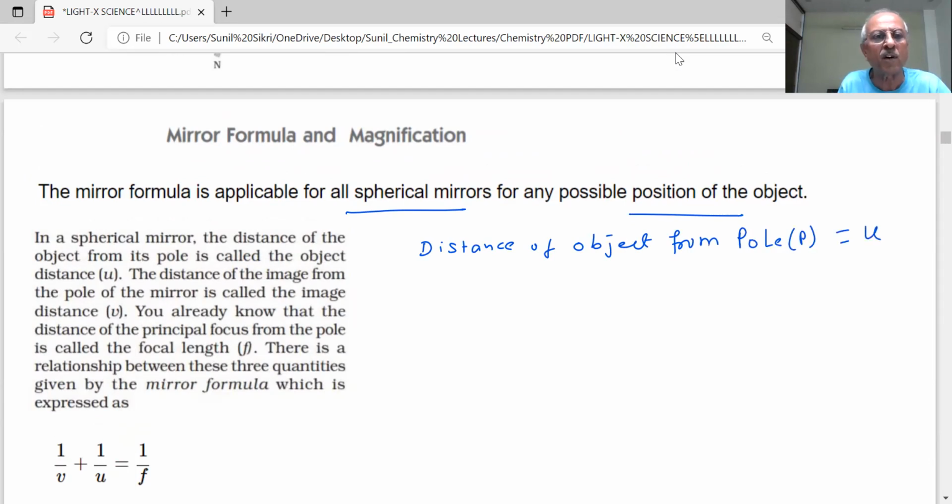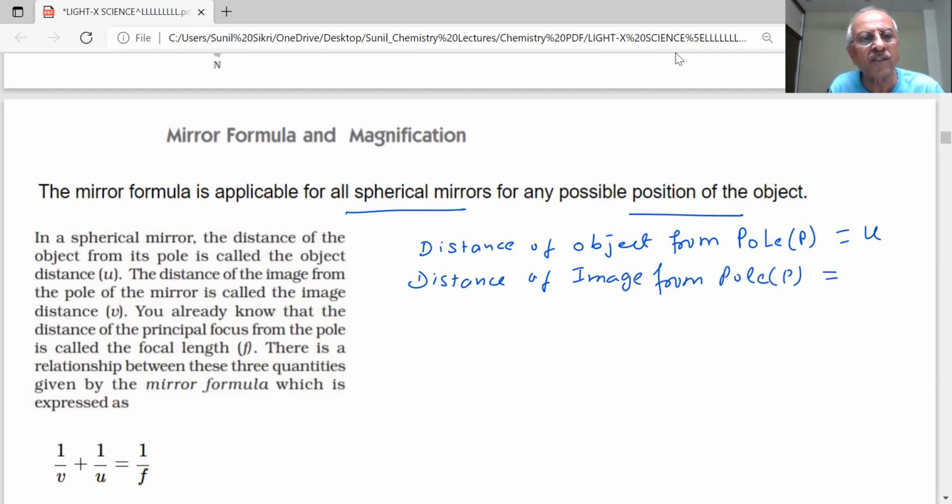That is the distance of the object. And the distance of the image, student, which you will measure from the pole. Every measurement is done from the pole, which we said is our origin. From the pole, P, it is given the symbol v. This is my u, this is v.